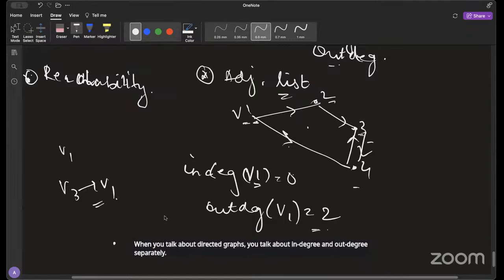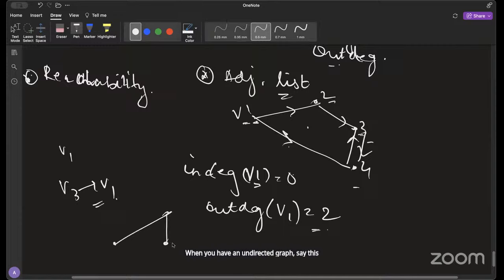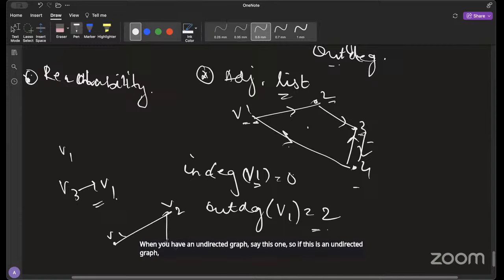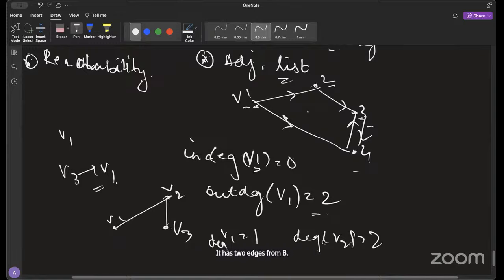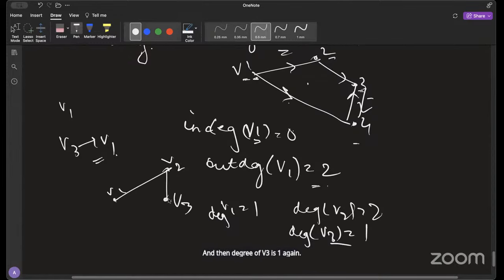When you have an undirected graph, say this one, V1, V2, V3, then the degree of V1 is 1, the degree of V2 is 2, because it has two edges connected to it, and then the degree of V3 is 1 again. So it's the number of edges that you have from a given vertex.